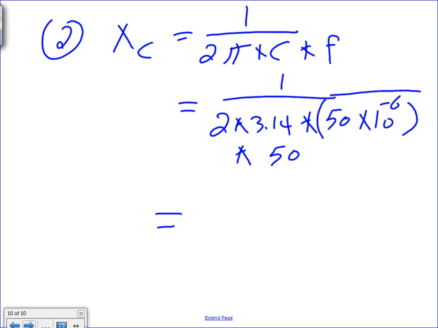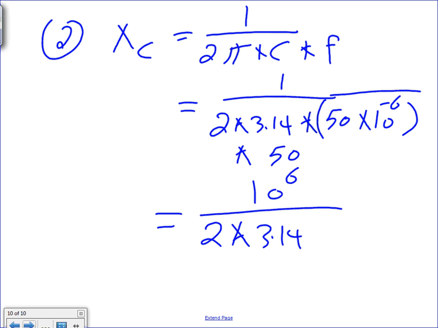The easiest way to solve this is to take the 10 to the minus 6. You guys remember from the days of math, you shift it up to the top, and it becomes 10 to the power 6. And then it becomes 2 times 3.14 times 50 times 50. Now I'm talking.